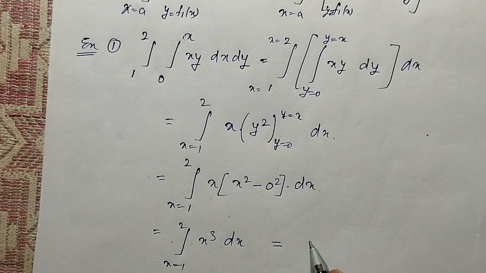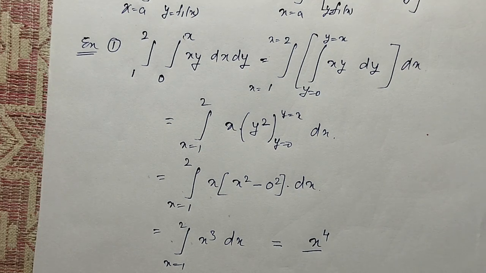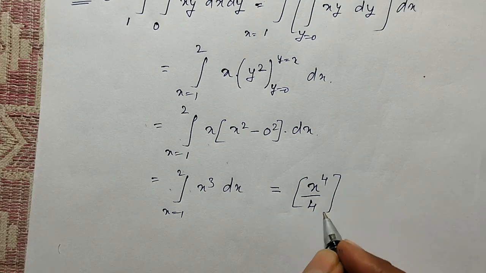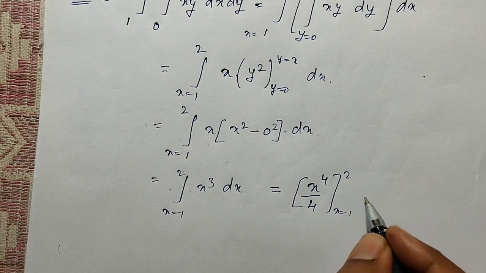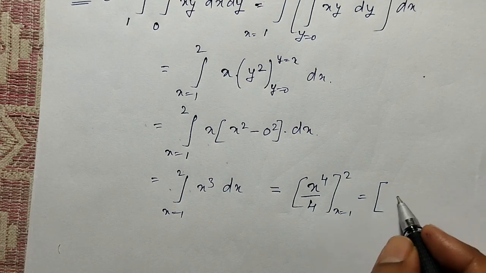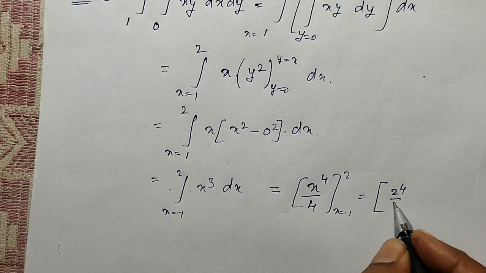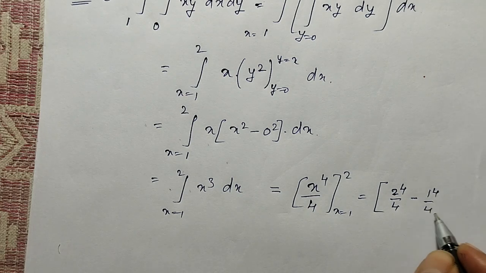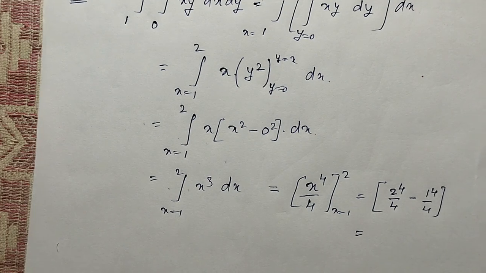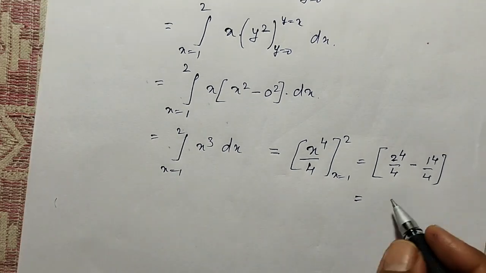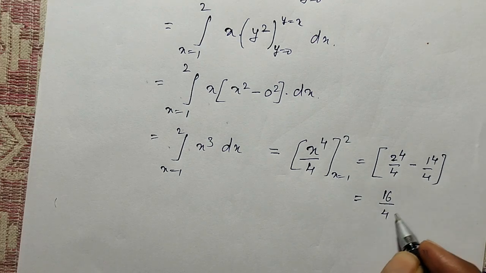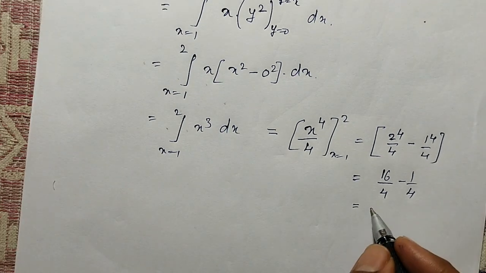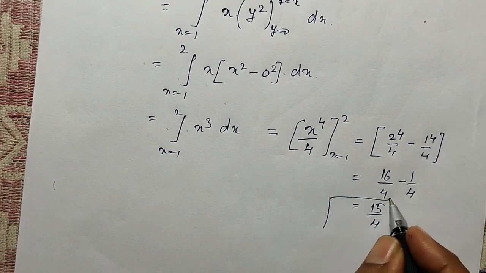That is x raised to 4 divided by 4 between the limits x equal to 1 to 2, upper limit minus lower limit again, 2 raised to 4 divided by 4 minus 1 raised to 4 divided by 4, which is nothing but 2 raised to 4, it is 16, 16 by 4 minus 1 by 4. Therefore, your final answer is 15 by 4, the required answer.